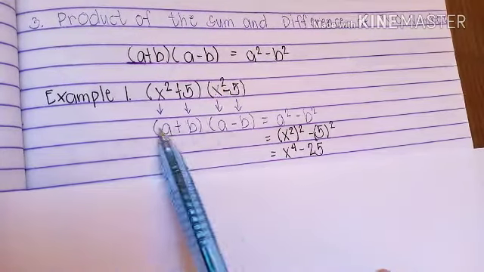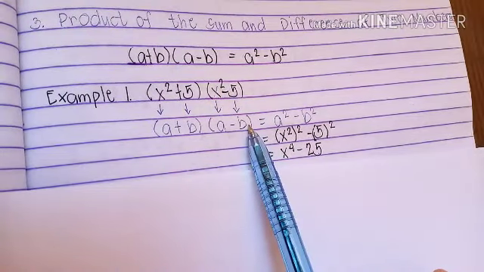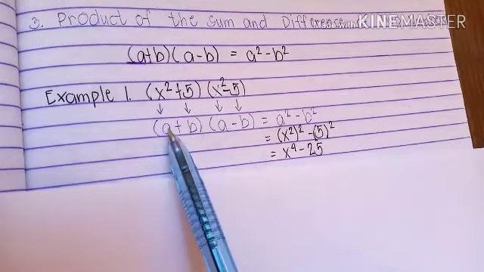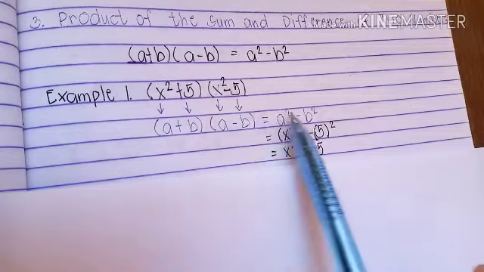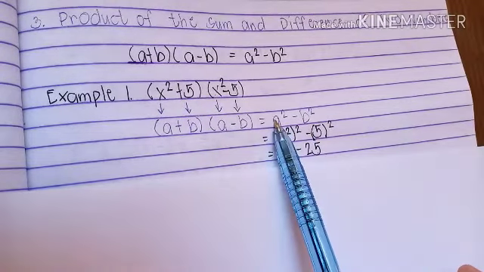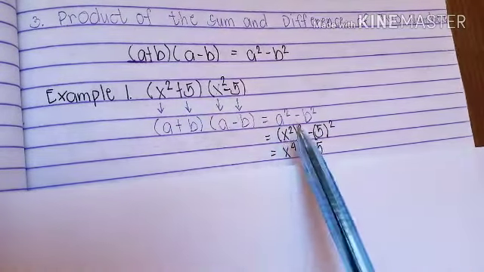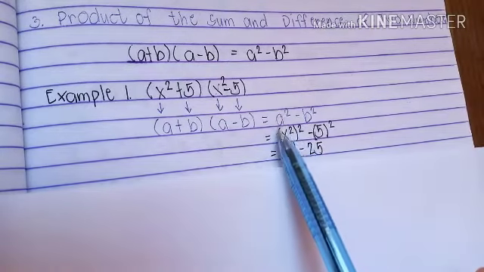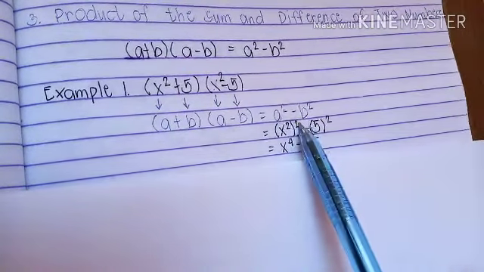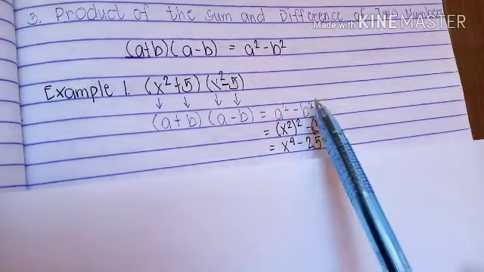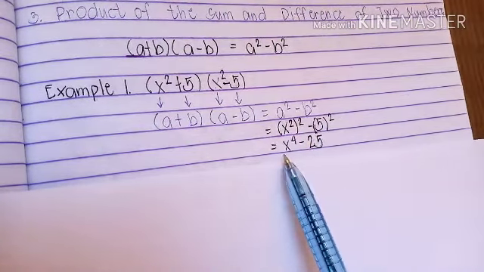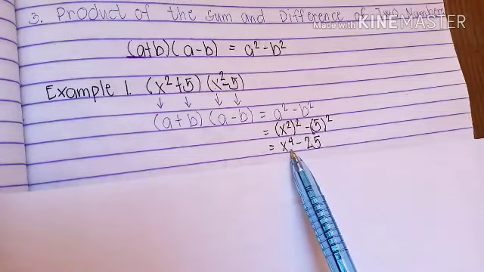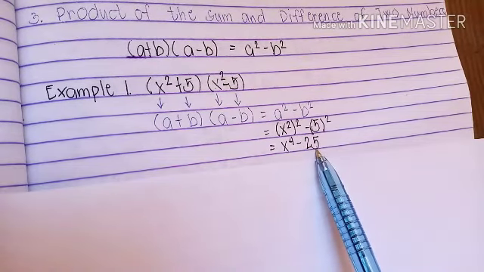Since it followed this format, what we're going to do with your a, which is x squared, and your b, which is 5, is just square them and subtract. So a is your x squared, and you square it again, minus your b squared, or your 5 squared. So therefore, the answer would be x raised to 4 minus 25.